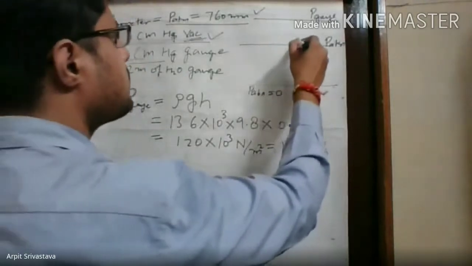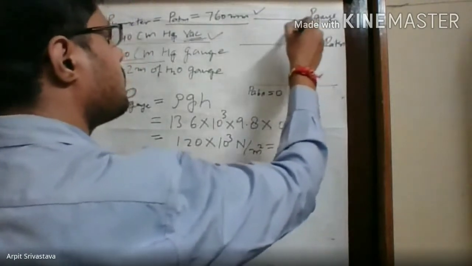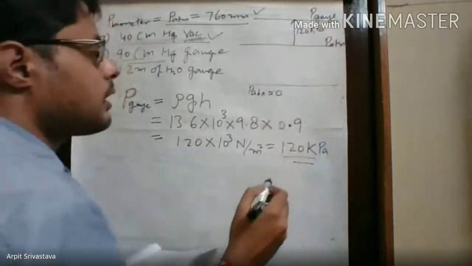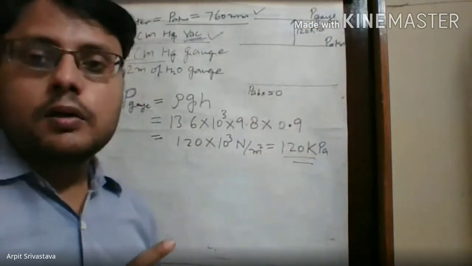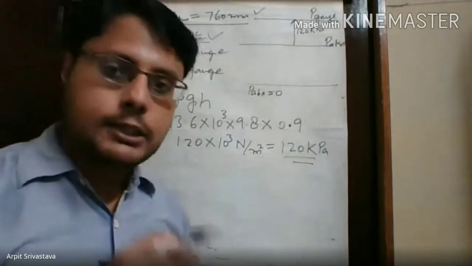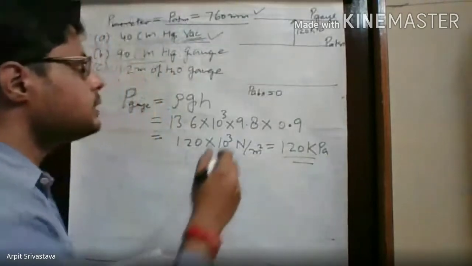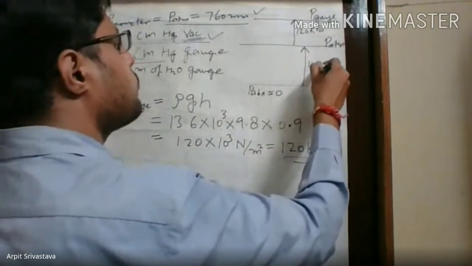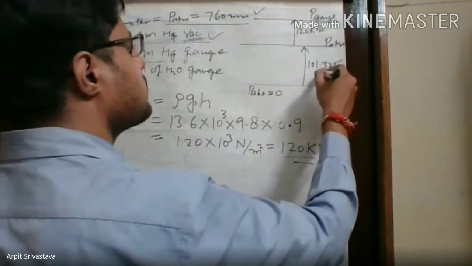In the previous part, we have already calculated the atmospheric pressure value, which is 101.325 kilopascal.